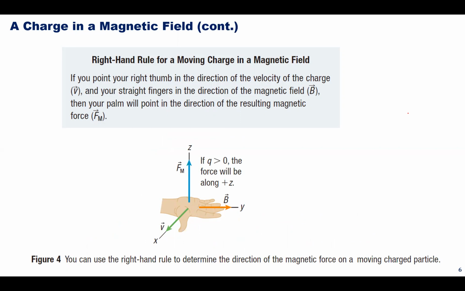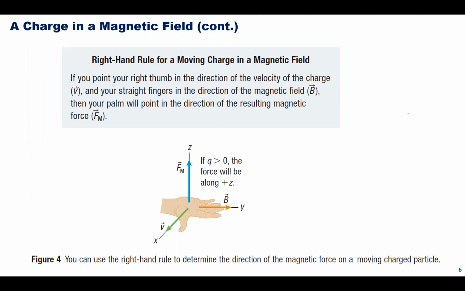Okay, so as shown here in figure 4, we can determine the direction of the force using the right-hand rule for a moving charge in a magnetic field, which states that if you point your right thumb in the direction of the velocity of the charge, or vector v, and your straight fingers in the direction of the magnetic field, which is uppercase vector B, then your palm will point in the direction of the resulting magnetic force, which is Fm.